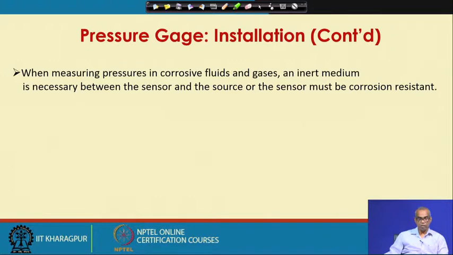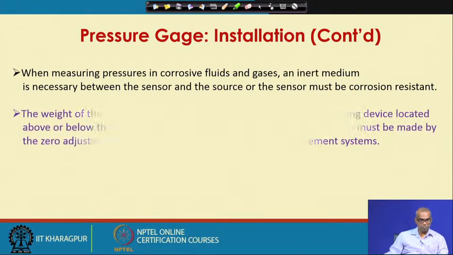So, you should isolate the pressure gauge from the effect of corrosive fluids. So, normally we put an inert medium between these two, or we have to suitably choose the material of construction, so that the sensor is corrosion resistant.